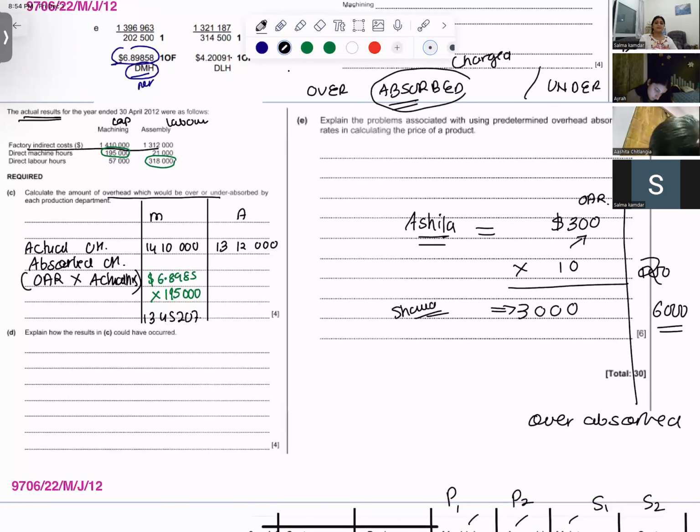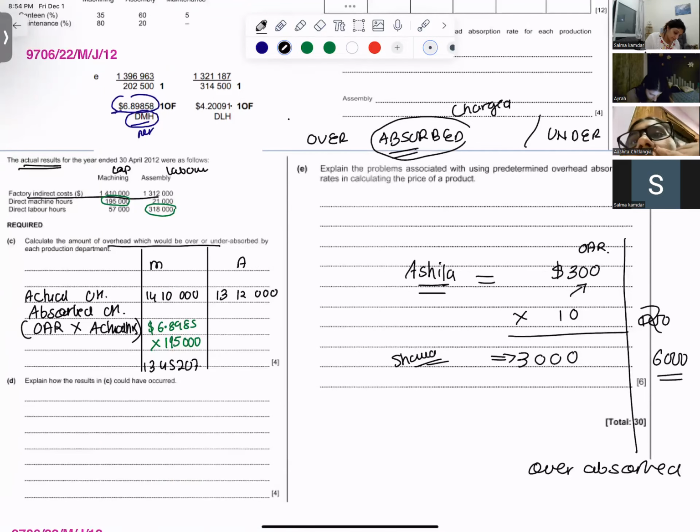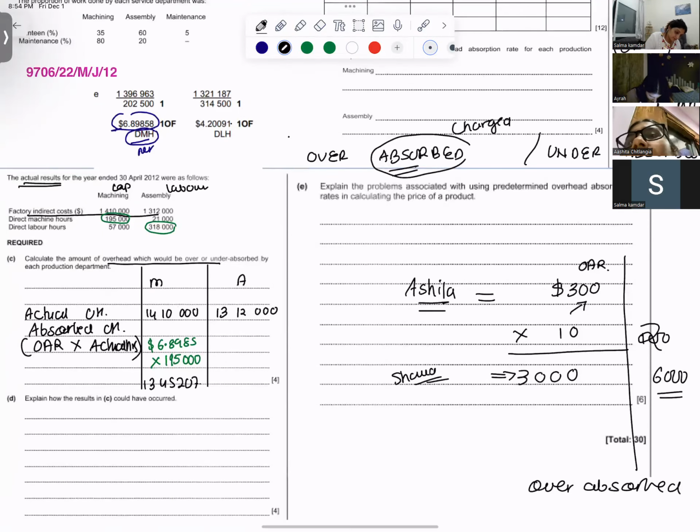Coming to the assembly department, Ashita, can you tell me what you'll multiply with what? For assembly department, what is the overhead absorption rate? 4.2009.